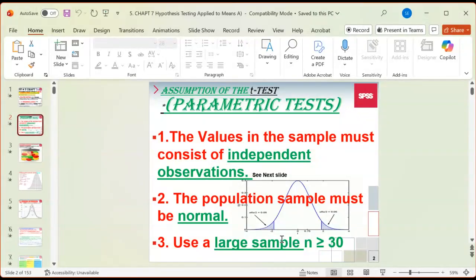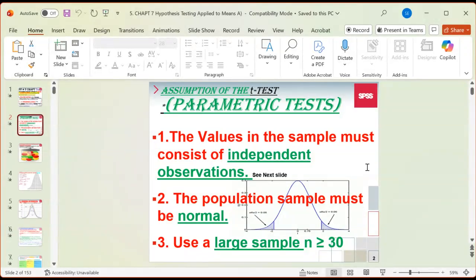So the distribution is the same as z. But in terms of being, again, normal, we want to make sure the population that we take our sample from, the participant people in that population, share similar socioeconomic status.